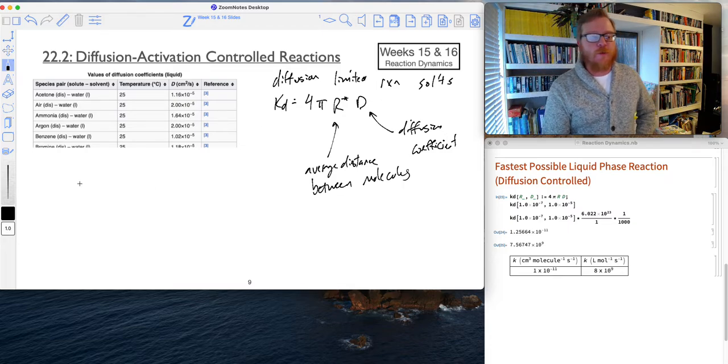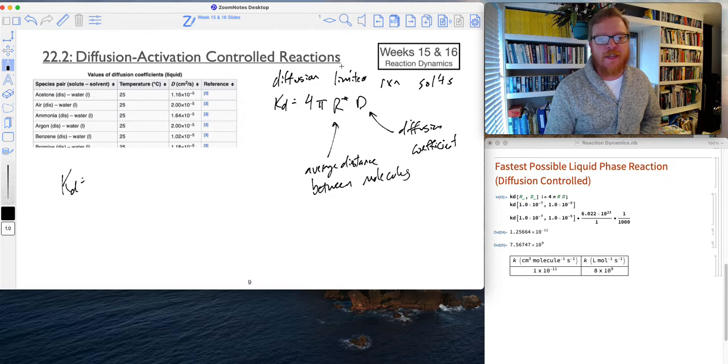Okay? And also, if I go through these units of KD, 4 pi is unitless. This number right here, that's going to be the average separation of molecules, or the average distance that molecules are separated by.